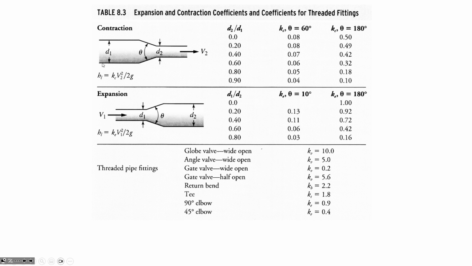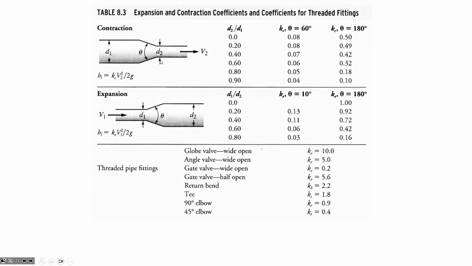And so one of the things that you'll notice is that the difference in diameter is going to give you a different K value. It's not just that there is a contraction and the same K value no matter what the differences in diameters are, but the more dramatic the difference in diameter, typically the larger the K value is.